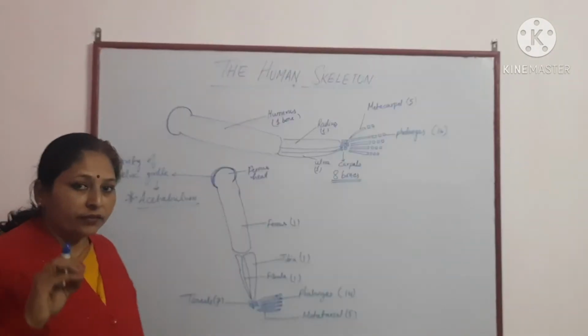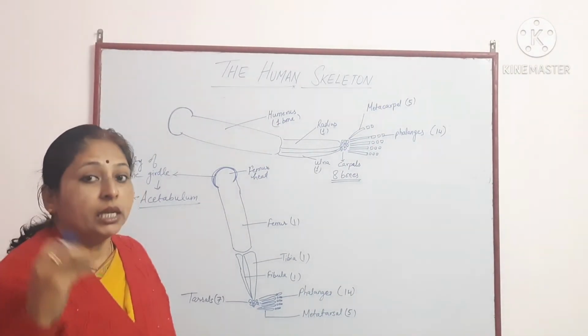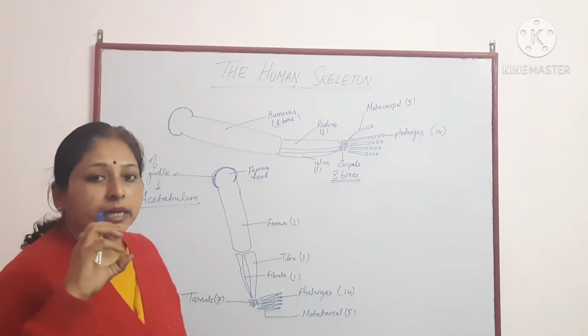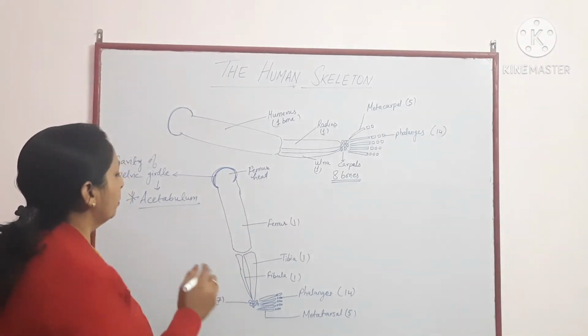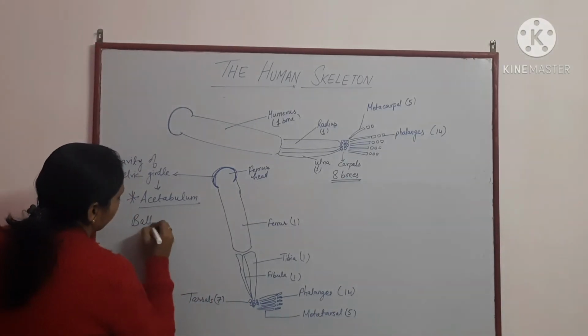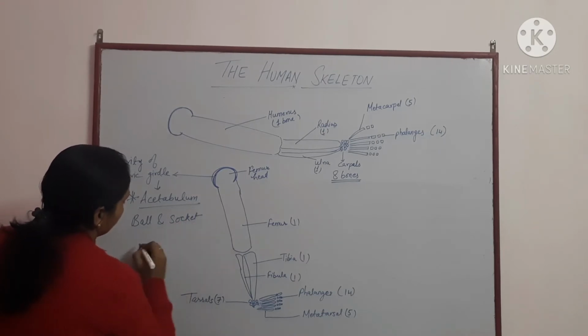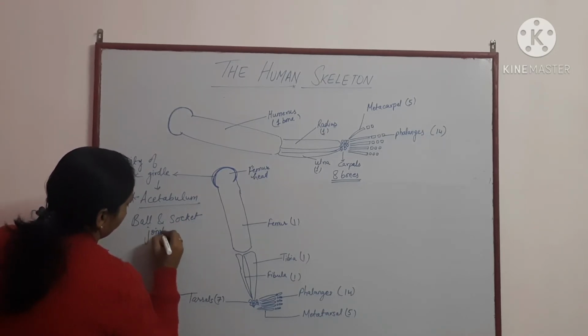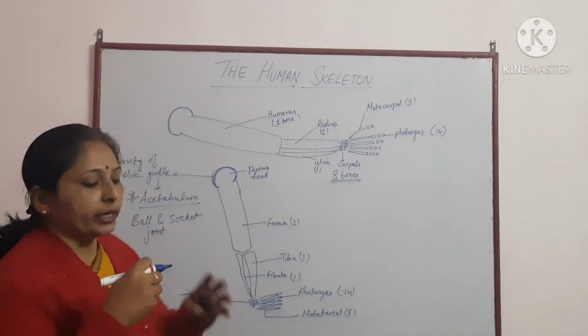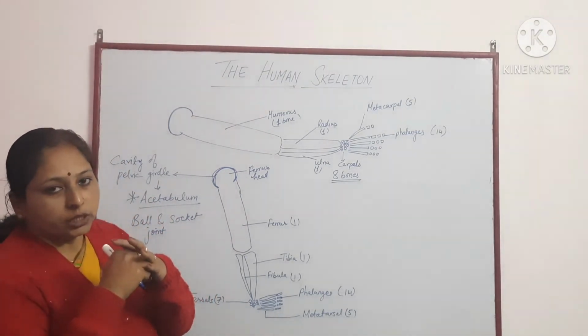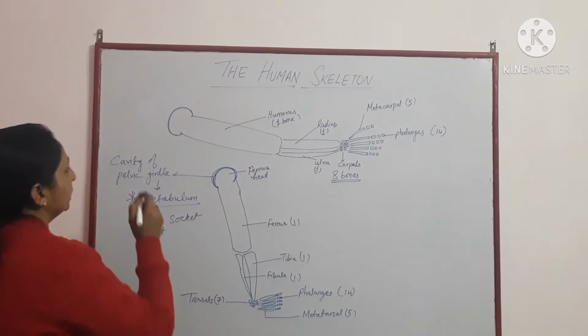Acetabulum, the cavity in the pelvic girdle in which the femur head fits, and this is a ball and socket joint. Ball and socket, this we will study in the next part, but here I am mentioning it. Ball and socket joint, where it fits into the acetabulum, the pelvic girdle cavity.